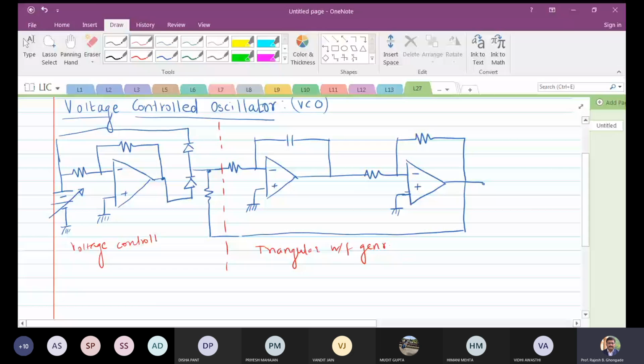This resistor is R8. We call these D3, D4. We call this R9. This is R10. All right.